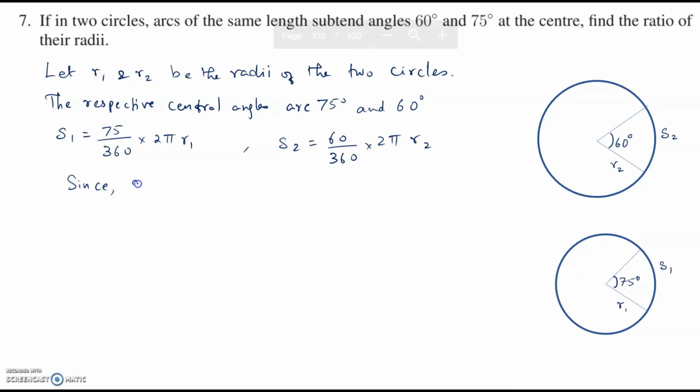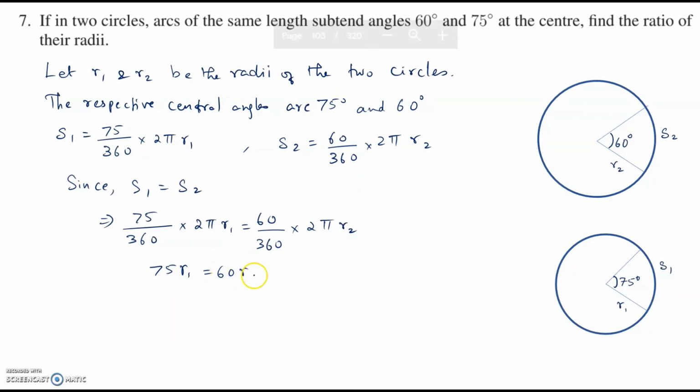Since S1 is equal to S2, it implies that 75 divided by 360 into 2 pi R1 is equal to 60 divided by 360 into 2 pi R2. So simplifying all the common terms, we can rearrange this as 75 pi is equal to, pi is cancelled, so it's R1 here, is equal to 60 R2.